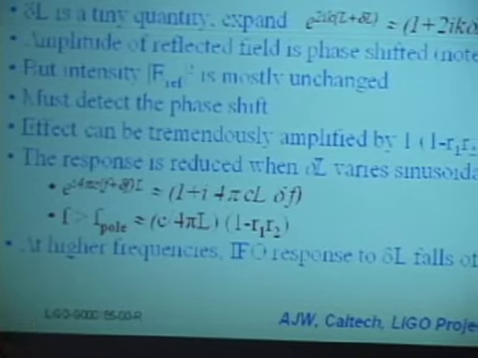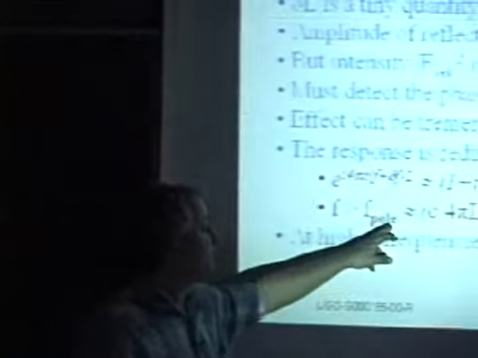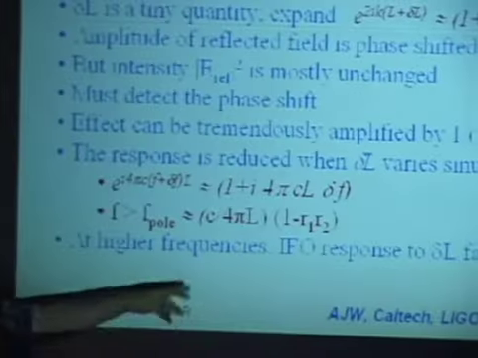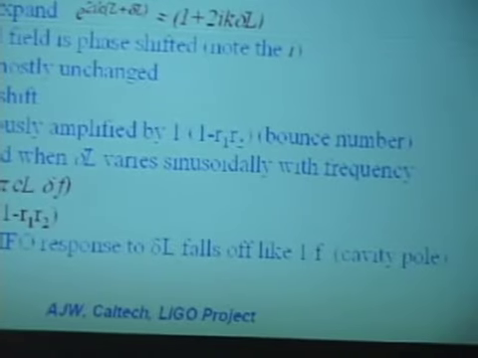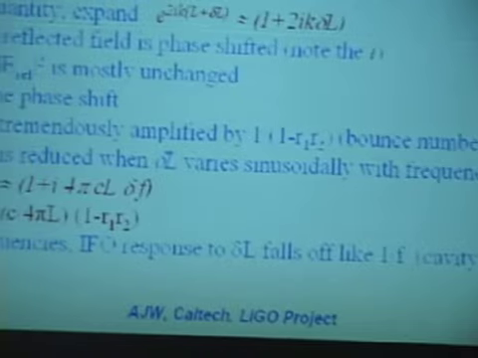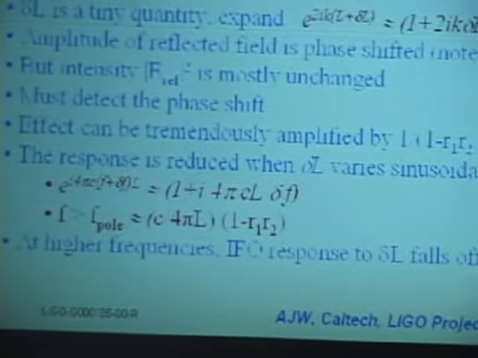And so the shot noise is white, but the ability to measure a gravitational wave really falls off like 1 over f due to that white shot noise. Does that make sense? Does anyone want me to try to explain it better? Is it okay?